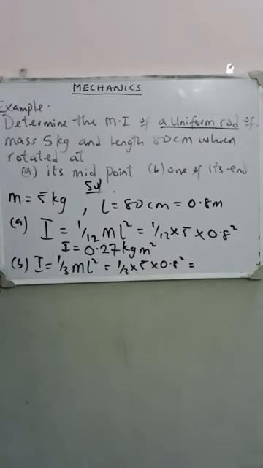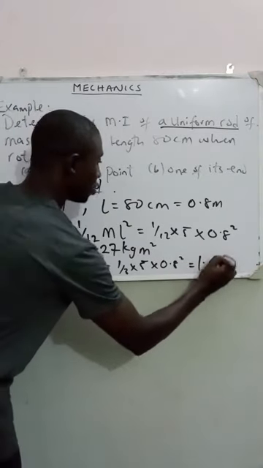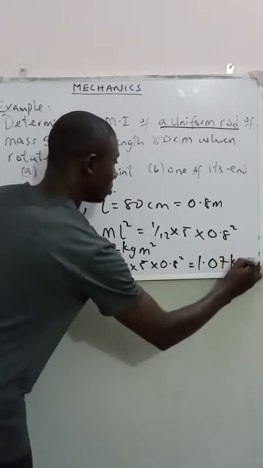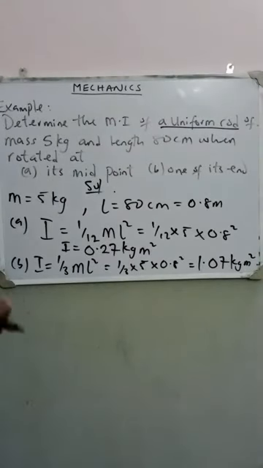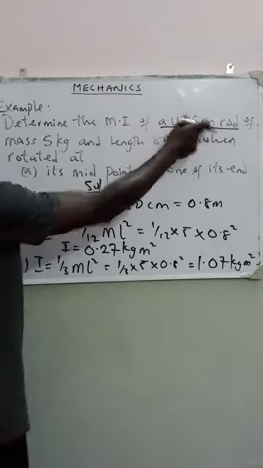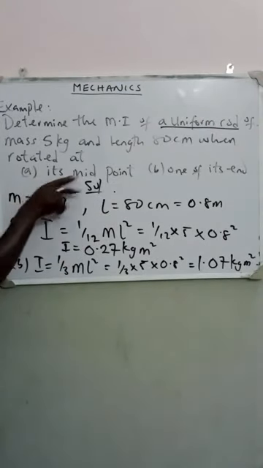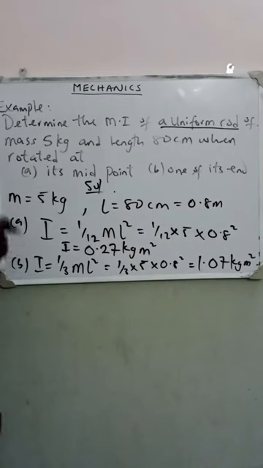So 0.8 squared multiplied by 5, divided by 3, gives 1.07 kilogram meter squared. So this is how we calculate the moment of inertia of that rod, both when it is rotated at its midpoint and when it is rotated at one of its ends.